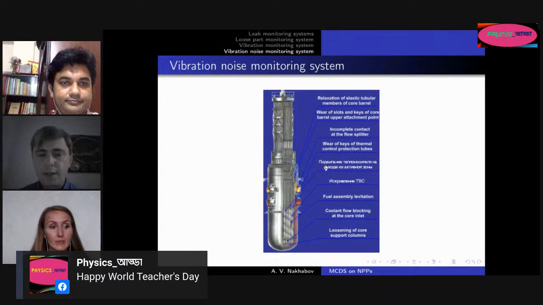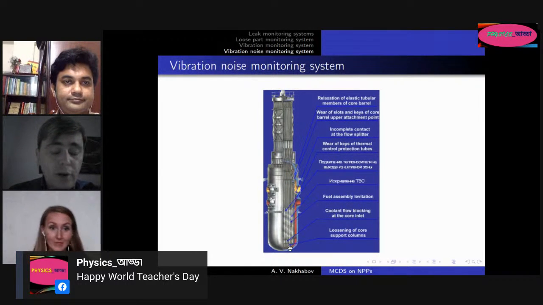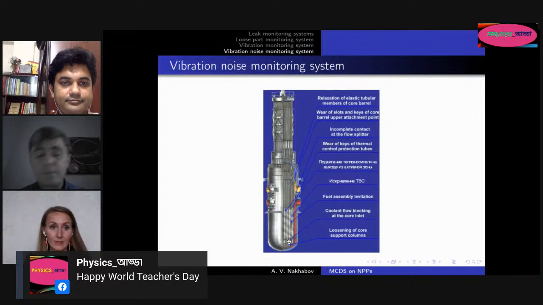So slight boiling of coolant and curving of fuel assemblies. Curving means changing of form from cylindrical. So you see, there are a lot of possible reasons for vibration or some violation of geometry or parameters of the core in the reactor.